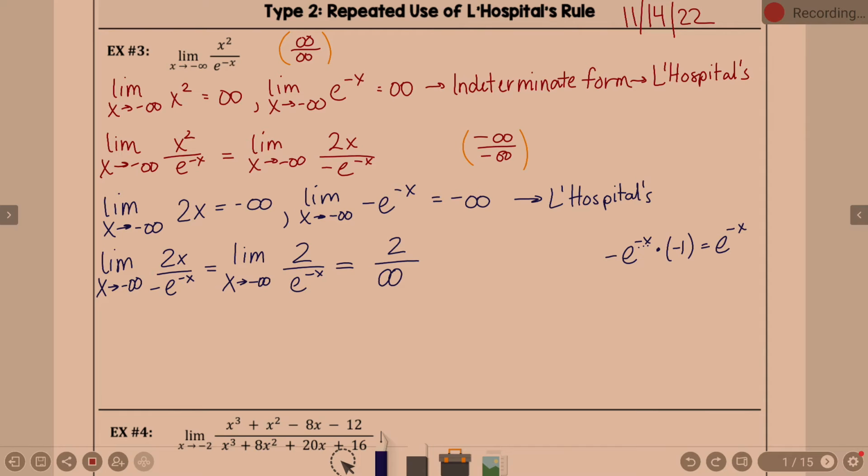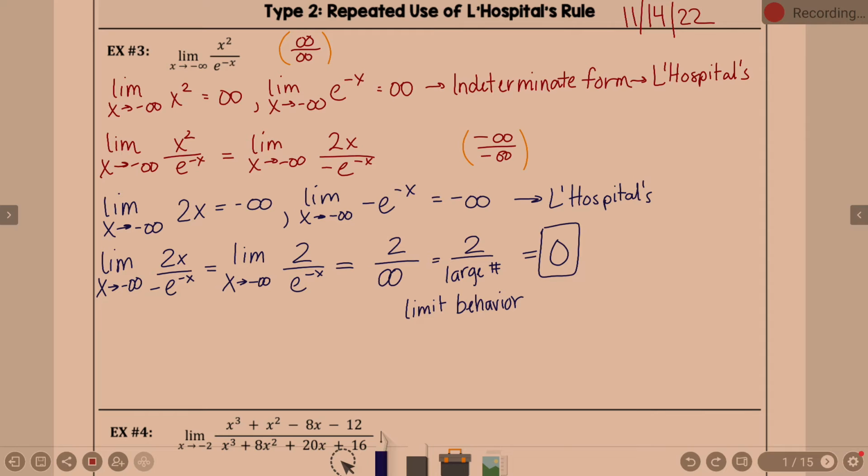And so, if you want to think it's 2 divided by an increasingly larger number, if you will, and again, we're thinking, excuse me, limit behavior here, then my answer is going to be 0. Okay?